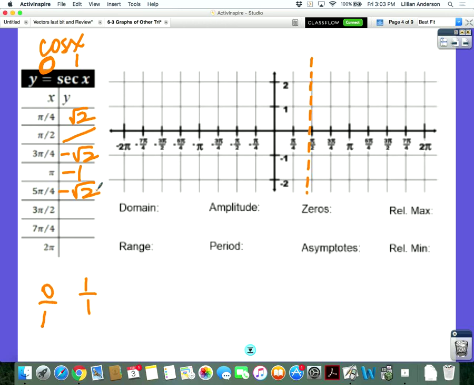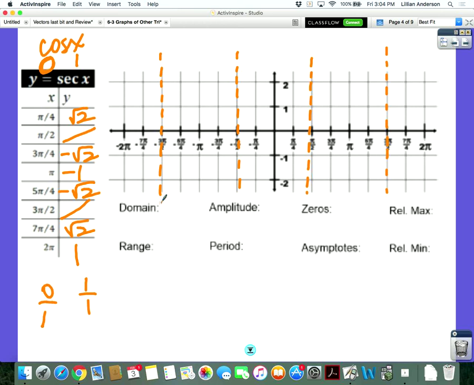Everyone kind of following? Okay. Cosine, undefined, 7 pi over 4, and at 2 pi, it'd be 1. So I have asymptotes at pi over 2, 3 pi over 2, where else? Negative pi over 2, and negative 3 pi over 2.